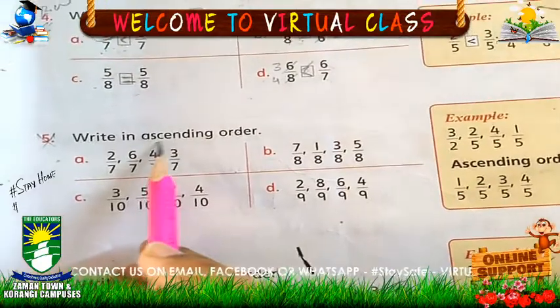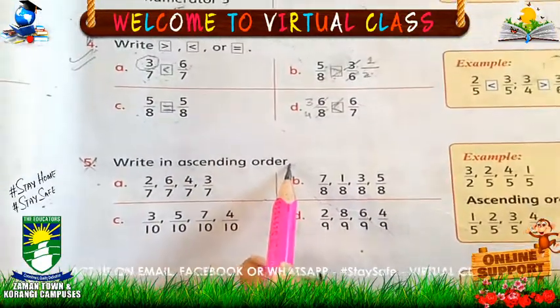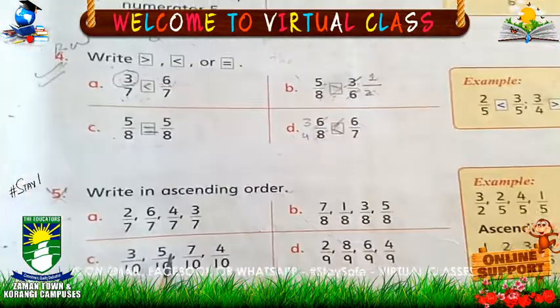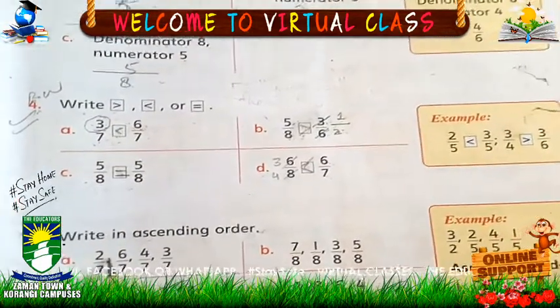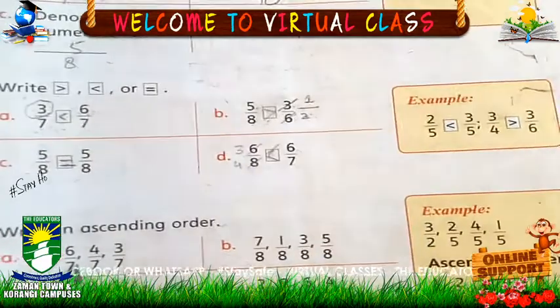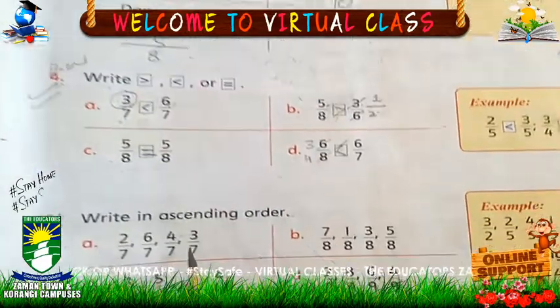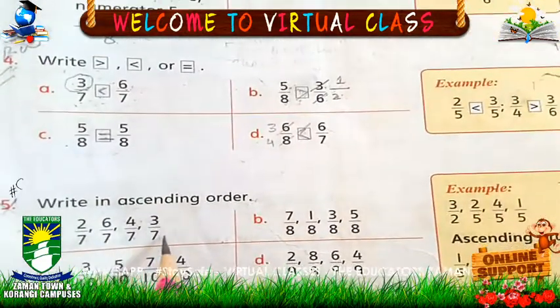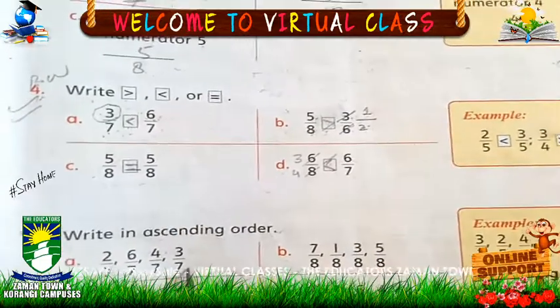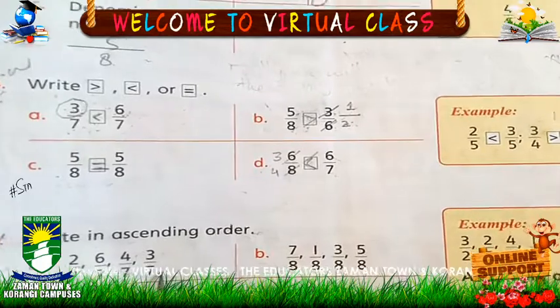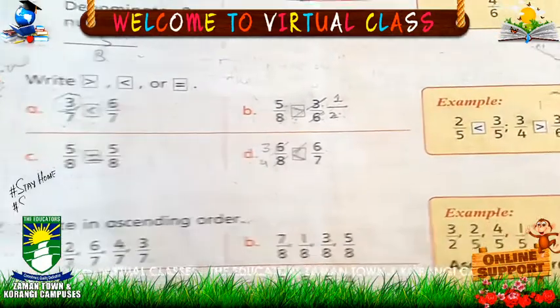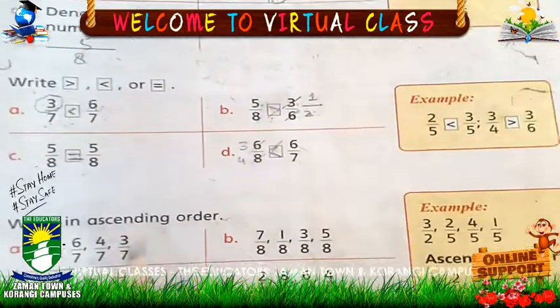Write in ascending order. You have to write this question into your copies. A part is 2/7, 6/7, 4/7 and 3/7. What about ascending order? Ascending order means you have to rearrange these fractions in ascending order.